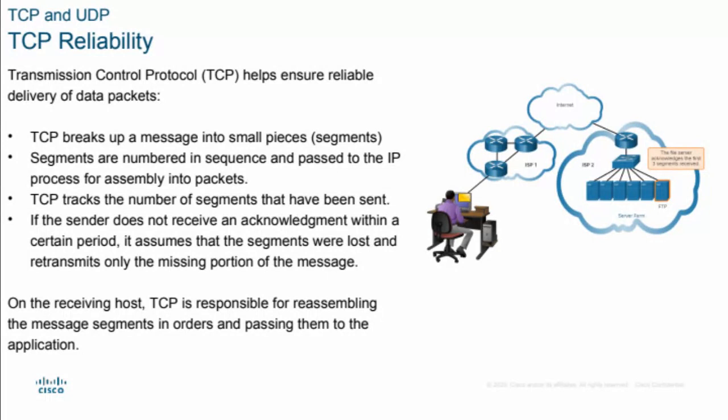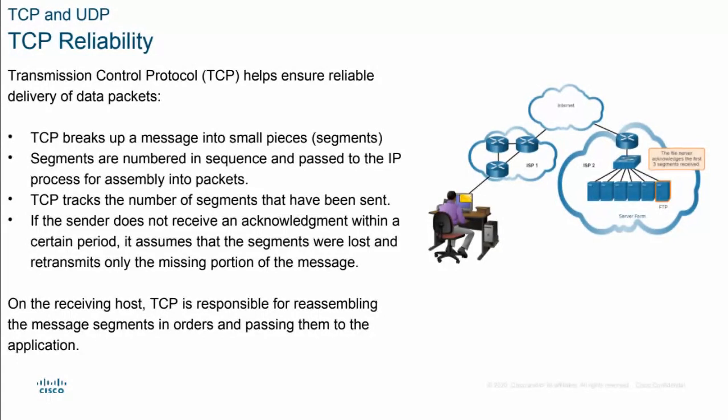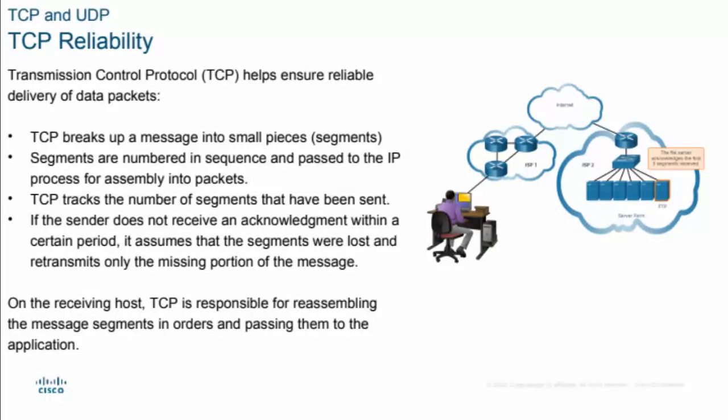These segments are numbered in sequence. TCP tracks the number of segments that have been sent. If a sender does not receive an acknowledgement within a certain period of time, TCP will assume that the segment is lost. It will resend it again. See how good it is? TCP is very reliable.